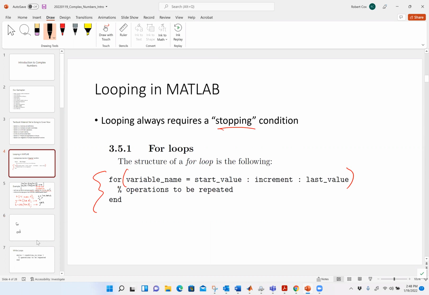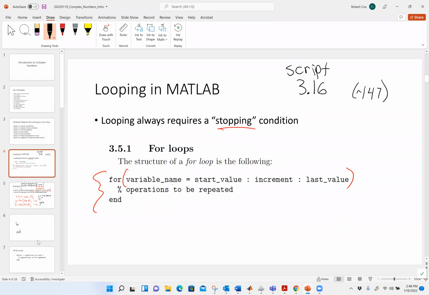What I need is to loop from some starting value to some ending value. There is an exact example for this, a MATLAB example, script 3.16. I don't know off the top of my head what page that is, but it's about 147. It looks exactly like this.